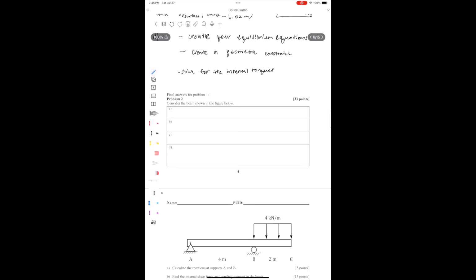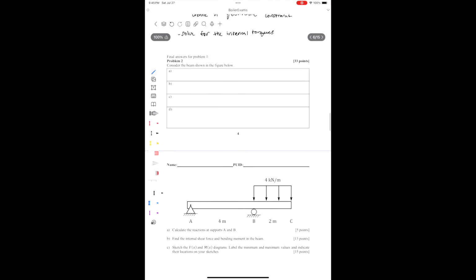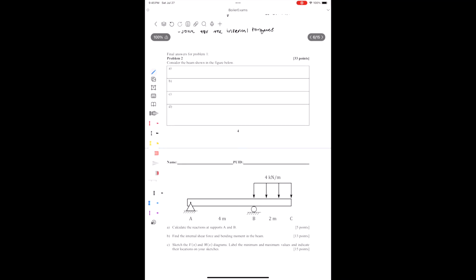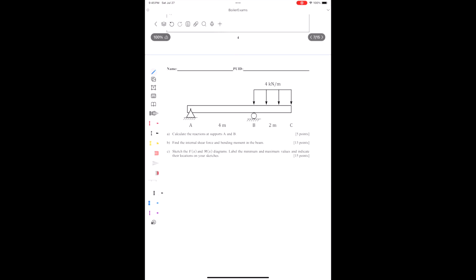Oh, that's right. The PDF they gave me did the weird thing. So, problem 2, they're giving us the figure shown here, and then part A, calculate the reactions at supports A and B. Part B is asking us to find the internal shear force and bending moments in the beam.